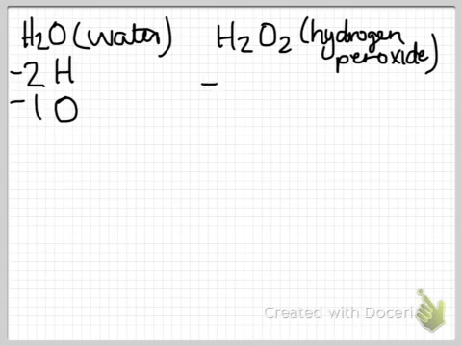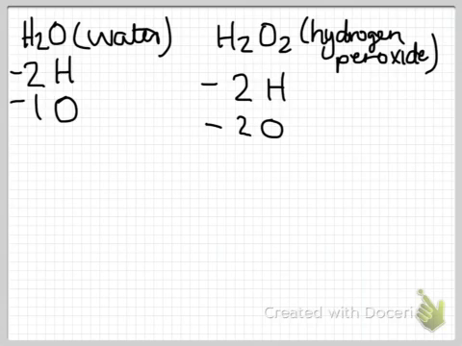This is a molecular compound because it's made of 2 hydrogen atoms and 2 oxygen atoms. Its properties are it's a blue liquid, boils at 150.2 degrees Celsius, it breaks down in light, it reacts with the chemical potassium iodide, and it's a strong bleaching agent, which means it bleaches stuff that it comes in contact with.